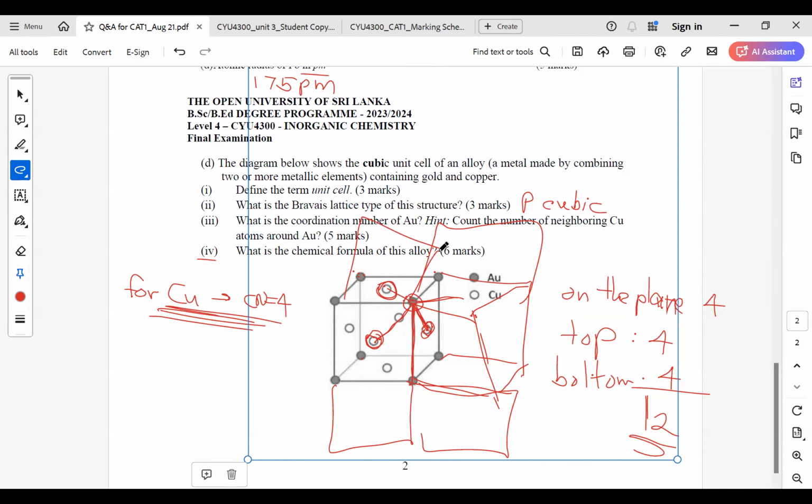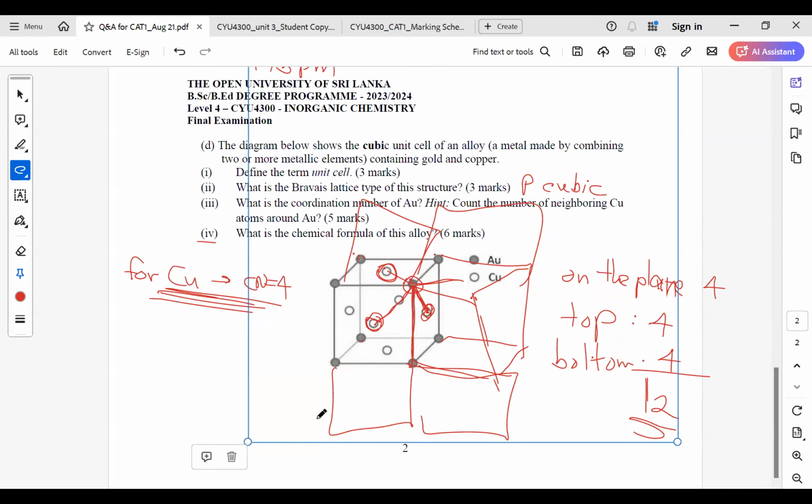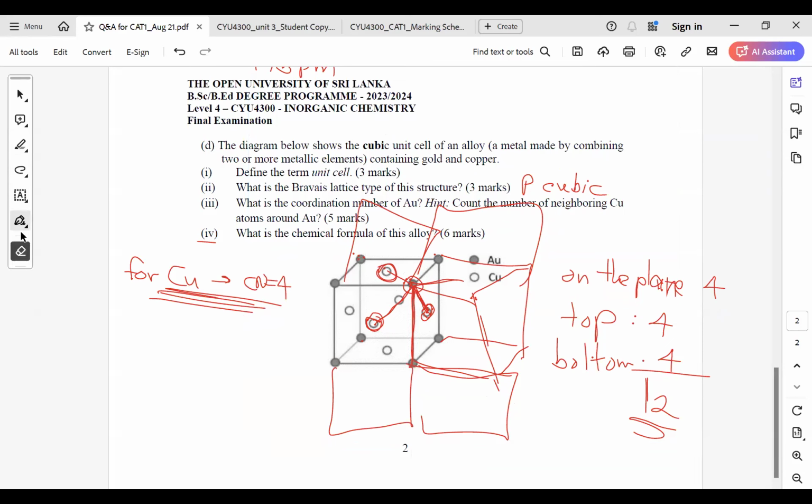What is the chemical formula of this alloy? How do you determine that? So I'm going to delete this drawing over here so that you guys can clearly see my unit cell. Let me know the answer for the last question.